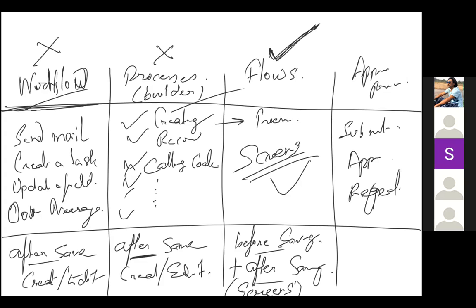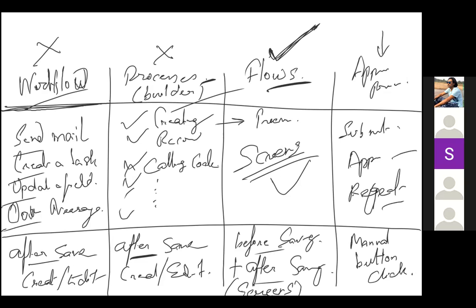And based on approval or rejection, you can do exactly these 4 things, just like what you used to do in workflow. Approval process is a manual button click. You can automate it also, but for that you need to use either a flow or a process builder, or you have to use code to automatically put a record for approval.